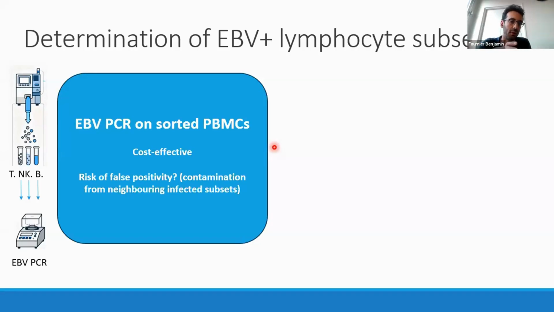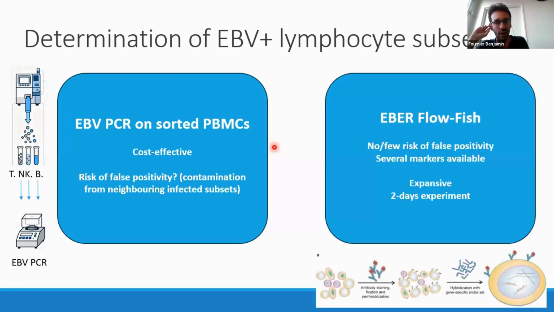Maybe there is a risk of false positivity if you have some T cells that go in the B cell compartment or some infected B cells that go to the T cell compartment, you may have a falsely positive fraction. What we tend to use nowadays is EBER-FlowFISH, which is also based on blood samples, so it's easy to get.